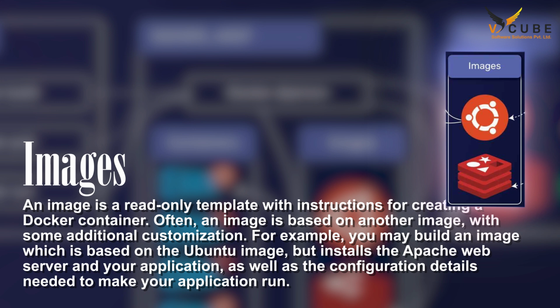Often an image is based on another image with some additional customization. For example, you may build an image which is based on the Ubuntu image, but installs the Apache web server and your application, as well as the configuration details needed to make your application run.